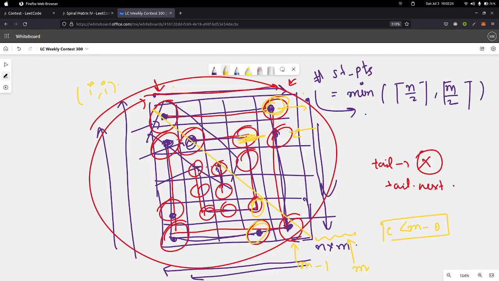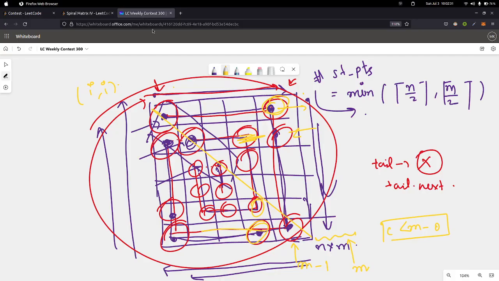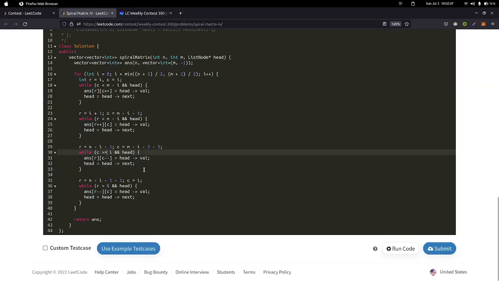No, correct. Actually it's greater than or equal to i only, because the third traversal is going from bottom right to bottom left, right? So it starts from here and it goes till the first column of that layer. So in the first layer it will be this column, in the second layer it will be this column, so it will be greater than or equal to i only.